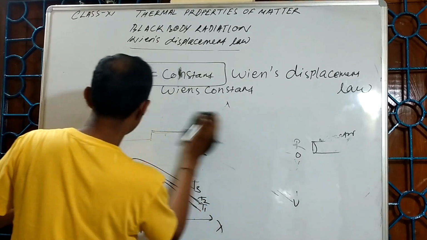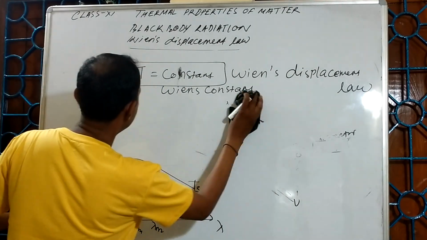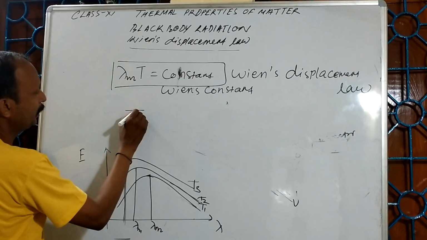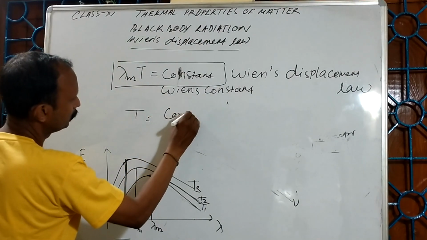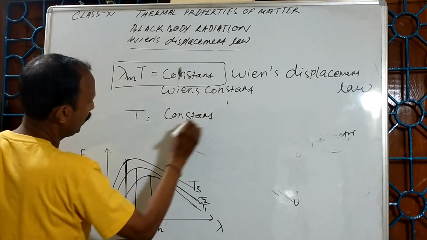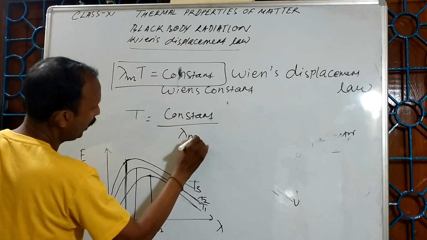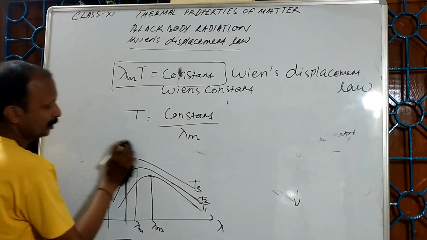Now I can write it as: T is equal to constant upon lambda m.